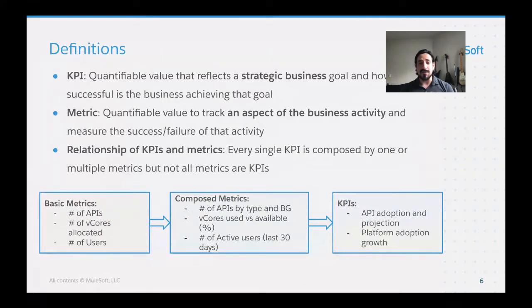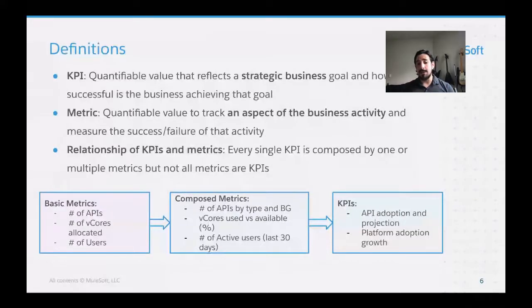So these basic metrics are not currently available as part of, let's say, Anypoint Monitoring or other features in the platform. So the only way to gather this information is by yourself, right? Calling APIs and doing some counts, doing some basic map operations to aggregate these metrics and to generate composed metrics.